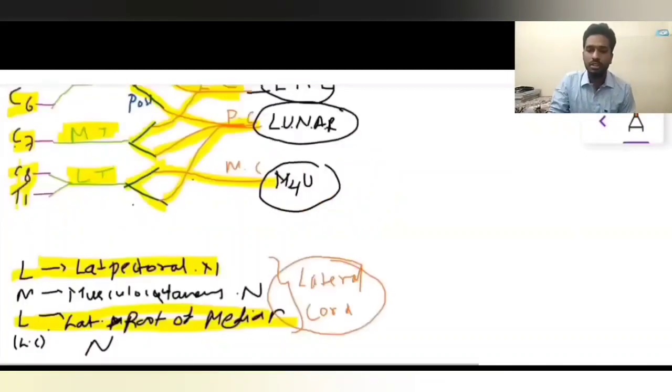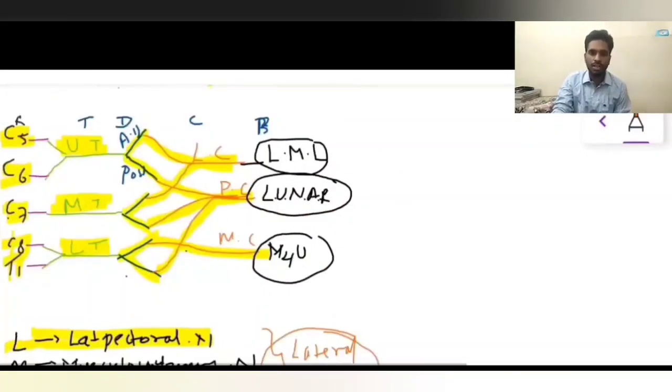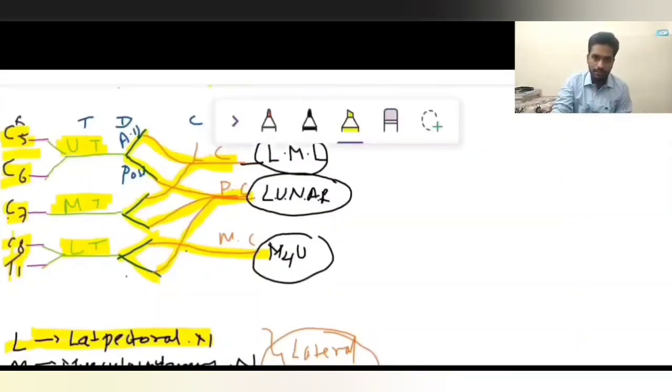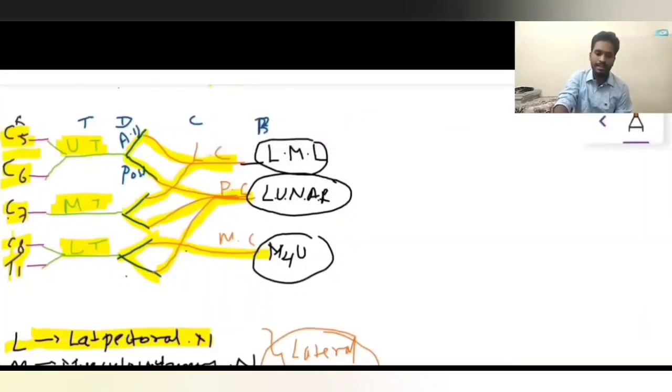First we'll go with the lateral cord. If you follow this lateral cord back, you can see that it is formed by the anterior division of the upper trunk, which has roots from C5 to C6. It is also coming from the anterior division of the middle trunk, which carries C7.